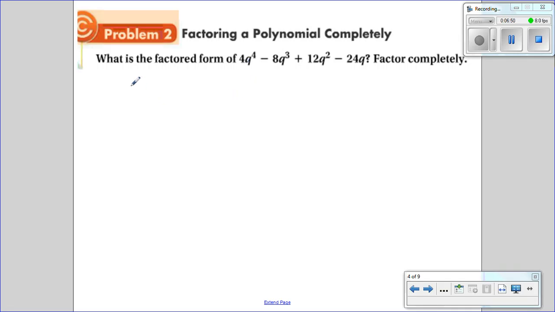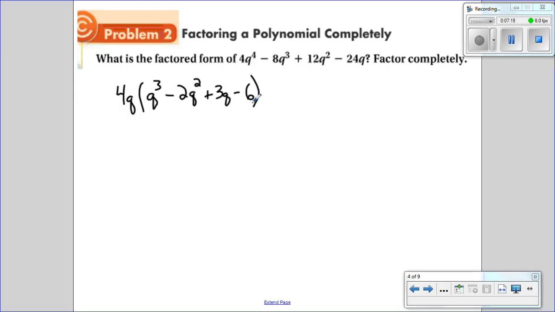And so 4Q is our GCF. We're going to rewrite this as Q cubed, this negative 8Q would become negative 2Q squared, this would become 3Q, and the last would become negative 6.